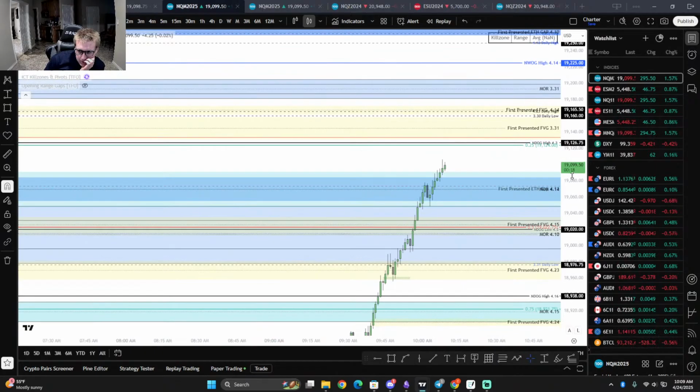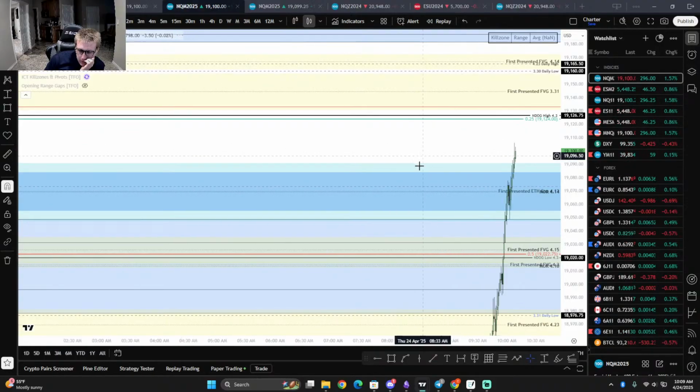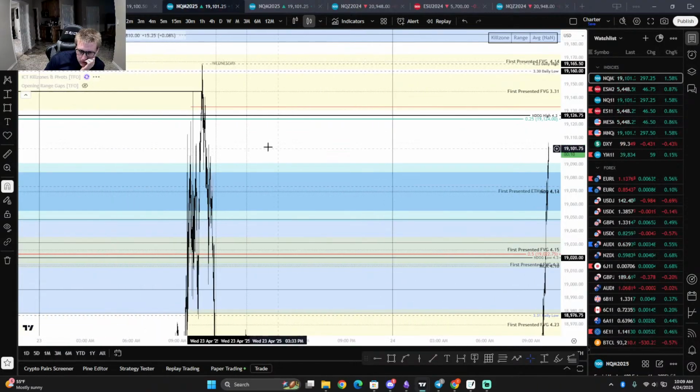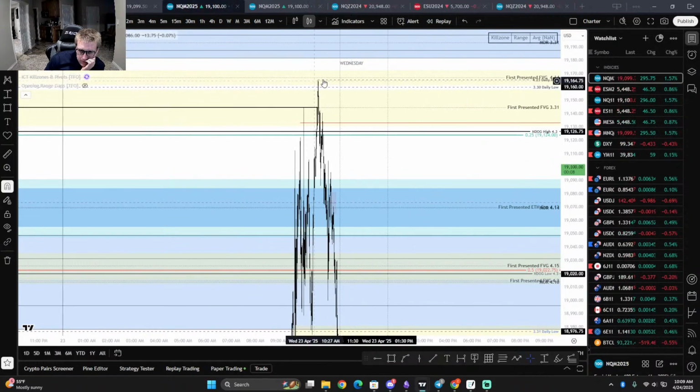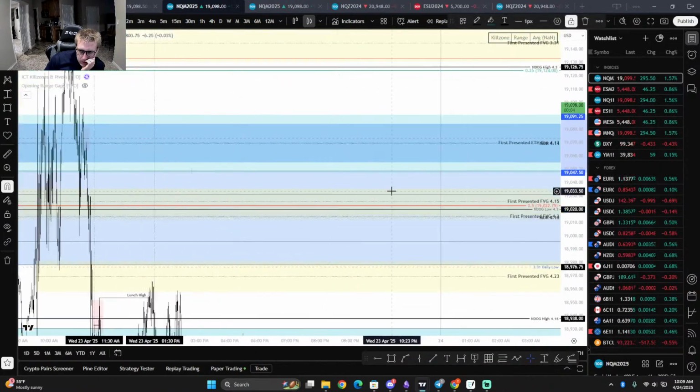Next upside target is the new day opening gap high on April 3rd. Then we have a first presented fair value gap. And then we have previous day high there with the midnight opening range right above it.